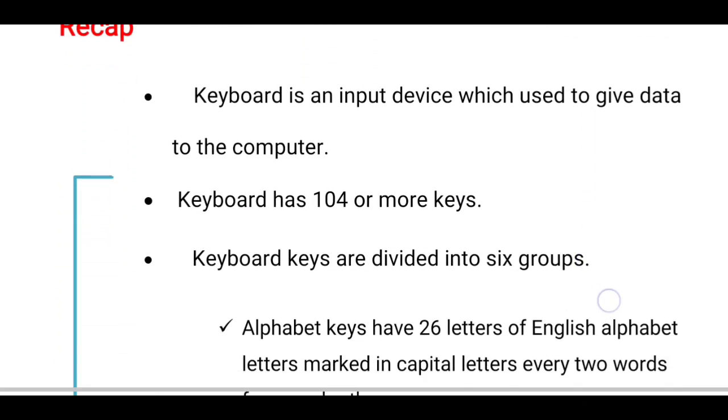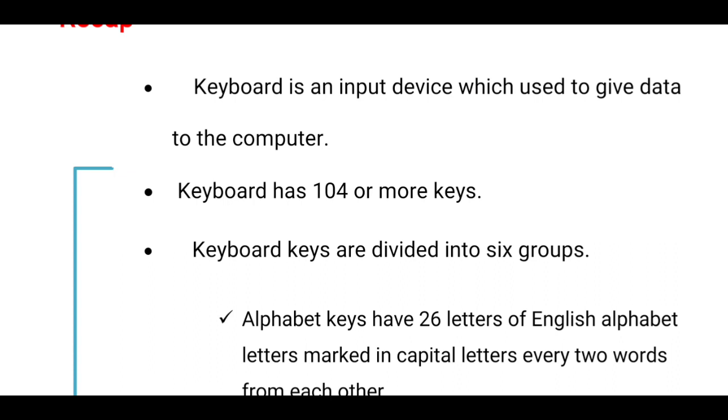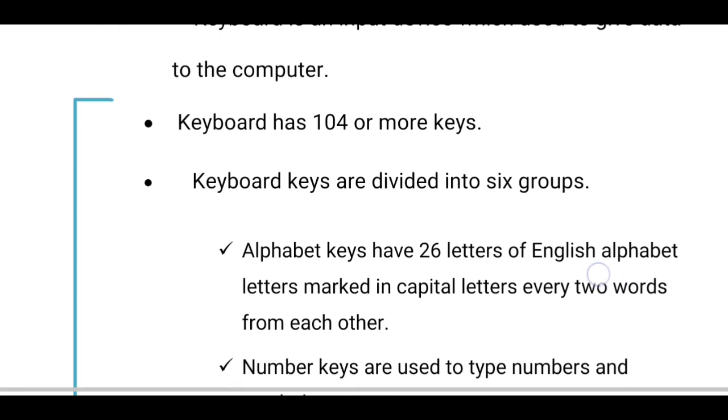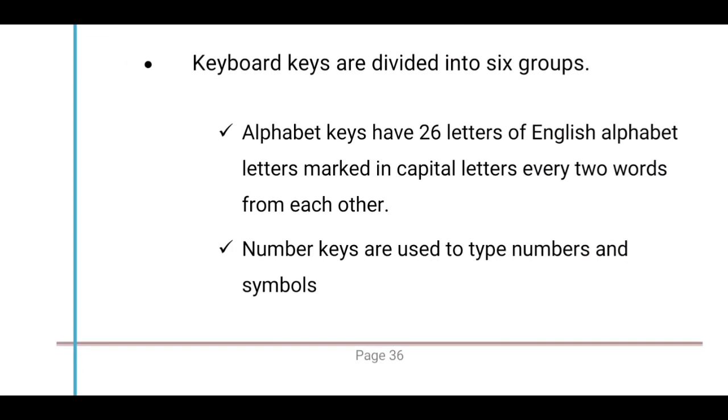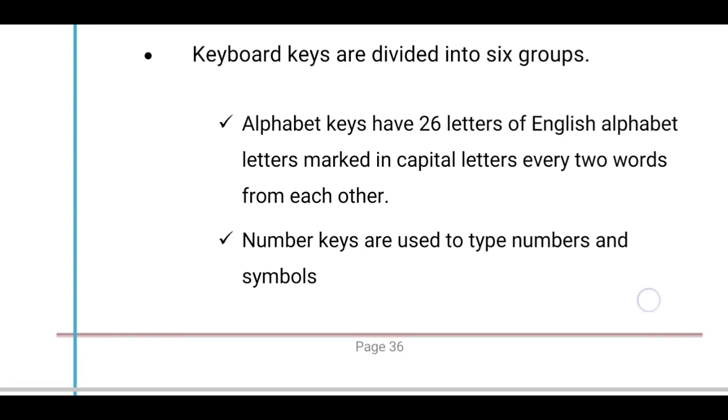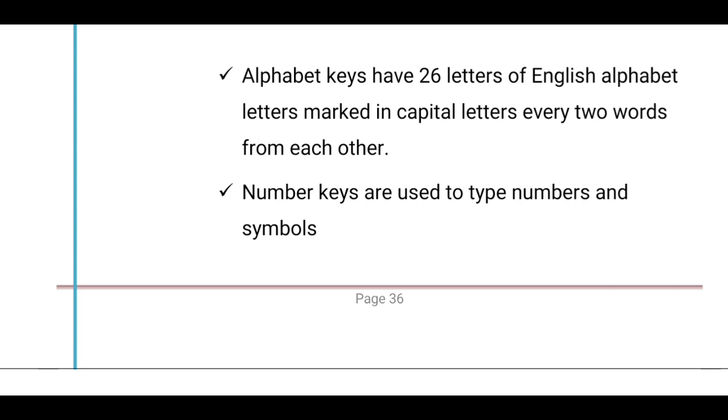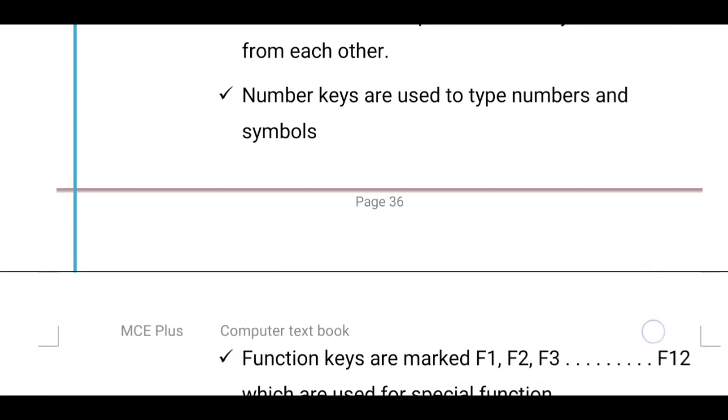Summary. Keyboard is an input device which is used to give data to the computer. Keyboard has 104 or more keys. Keyboard keys are divided into 6 groups. Alphabet keys have 26 letters of the English alphabet. Number keys are used to type numbers and symbols.